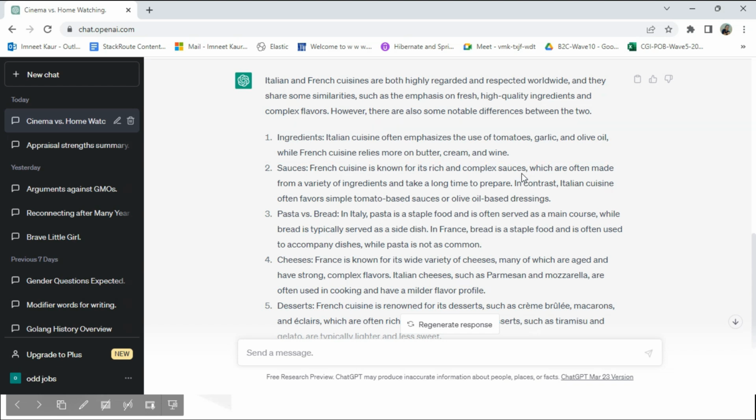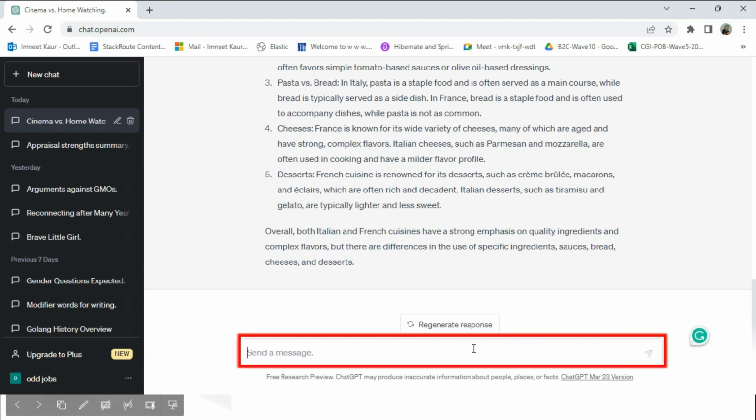Now let us test the last example. How does the teaching style of online courses compare to that of in-person classes? And just press enter.